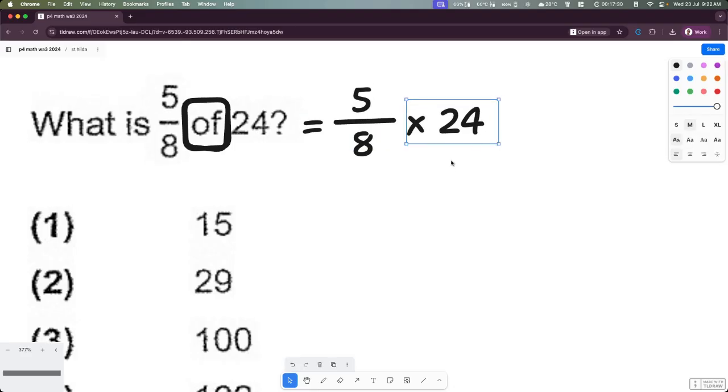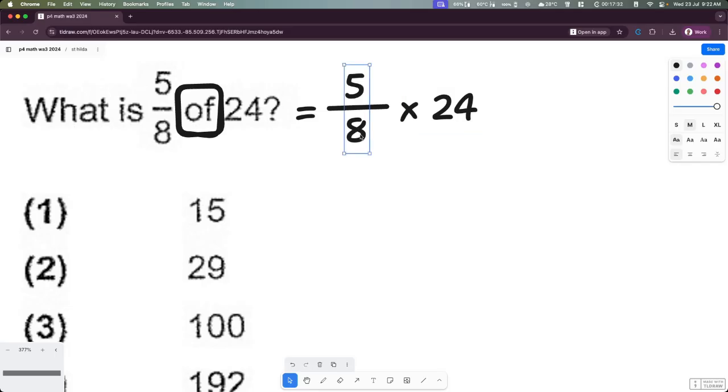Okay, so one way you can do it is you can cancel things out. So 8 and 24, what we can do is cancel it out. If we divide 8 by 8 and 24 by 8, then 8 becomes 1, and 24 becomes 3.